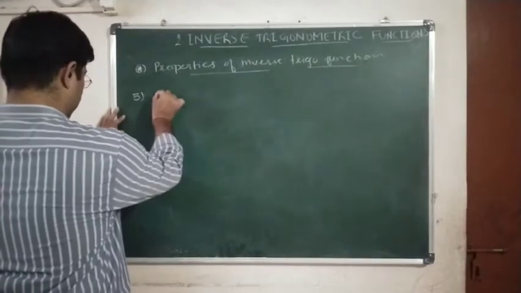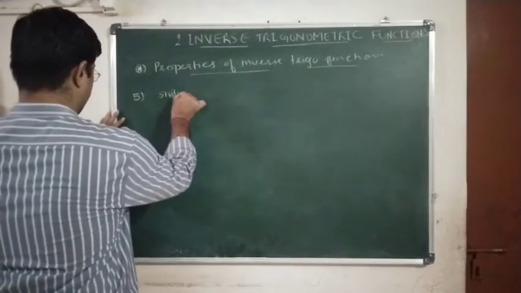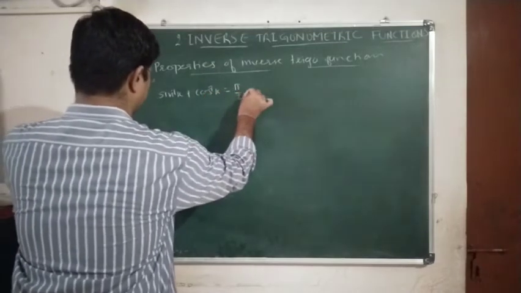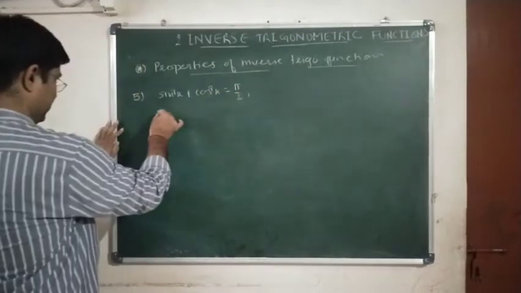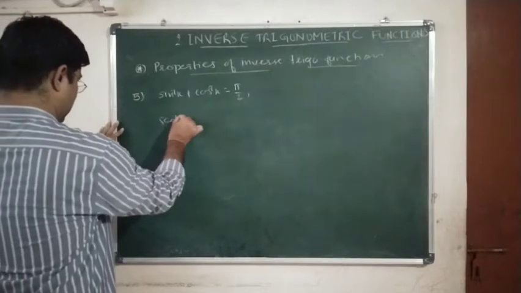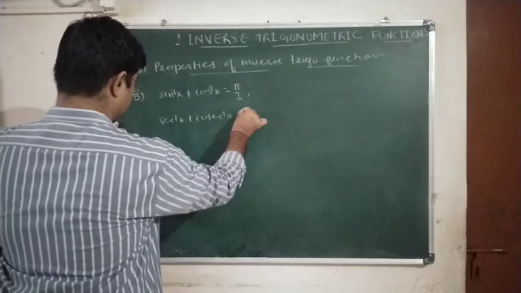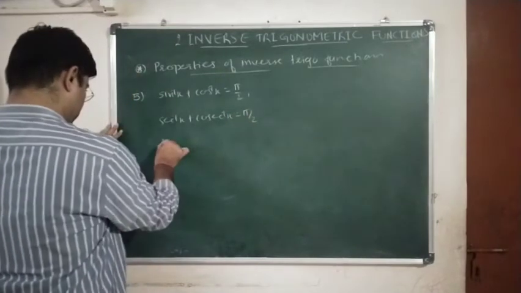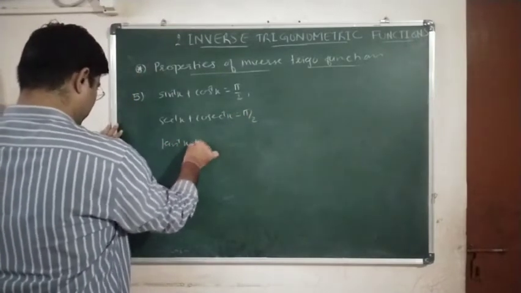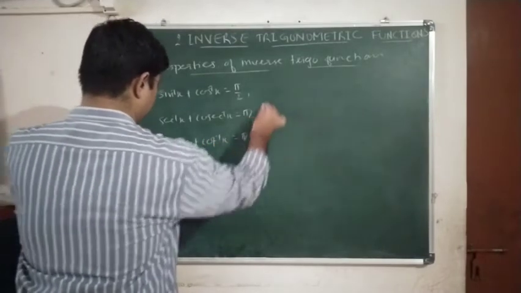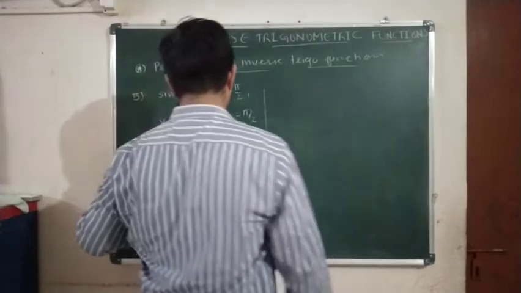Property number 5 is sin inverse x plus cos inverse x is equal to pi by 2, sec inverse x plus cosec inverse x is equal to pi by 2, and tan inverse x plus cot inverse x is equal to pi by 2.